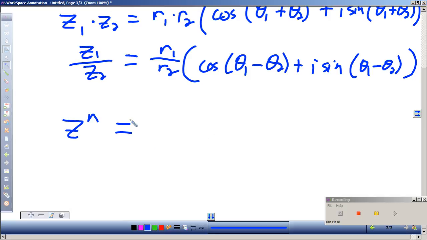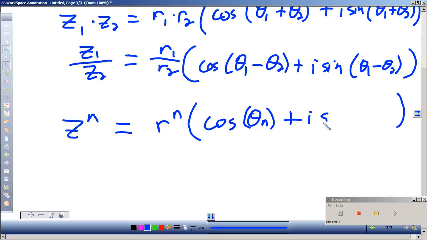Okay, so that's the general idea, but what's the formula going to look like when we simplify it a little bit? Like we're going to have r, what do you think is going to happen to the r? Okay, r to the n. Cosine of theta times n plus i sine of theta times n.